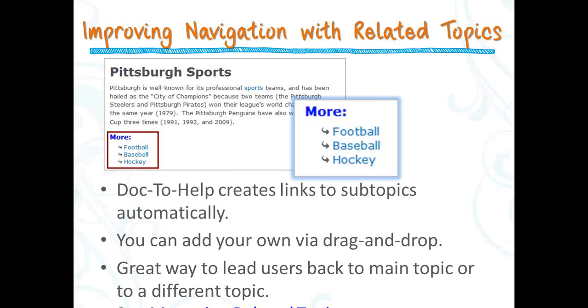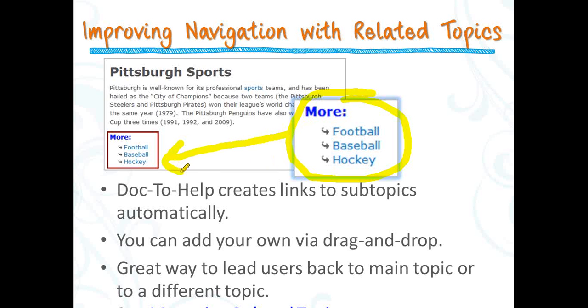It varies. So one thing DocToHelp does for you automatically is, let me get my little highlighter again, it creates something for you called related topics, and here's an illustration within a topic. These links are created for you automatically.